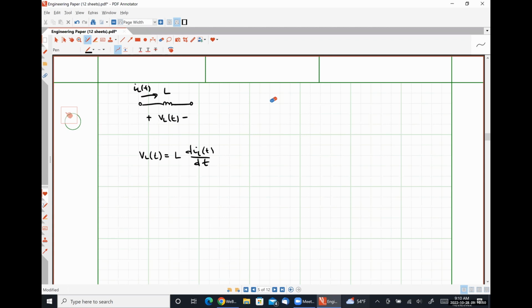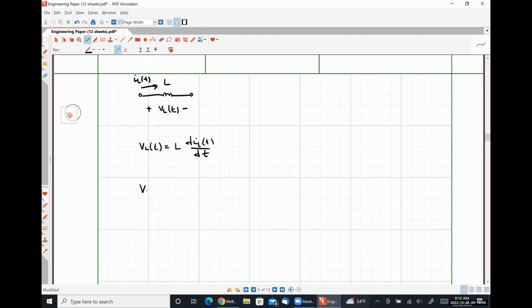If we're using the same representation of voltage and current that we did in the last example, we could say that on the left-hand side, we have Vm e to the j omega t plus theta v will be equal to L times the derivative with respect to time of Im e to the j omega t plus theta I. So what happens when I take the derivative of Im e to the j omega t plus theta I?